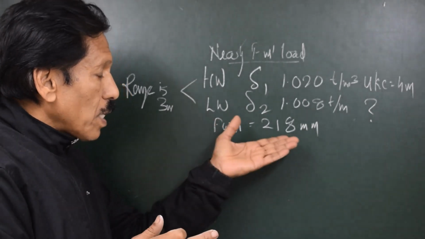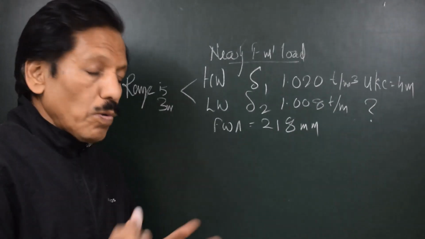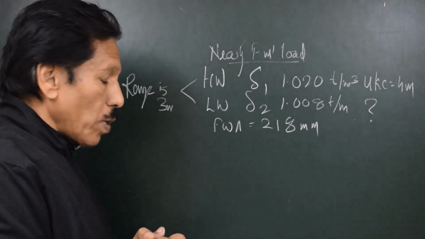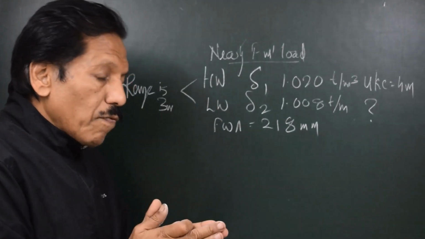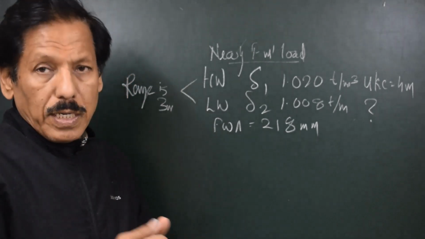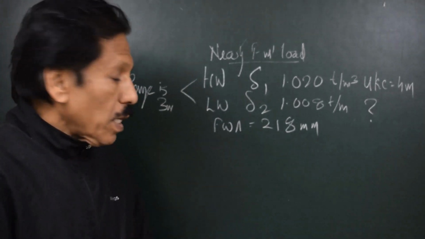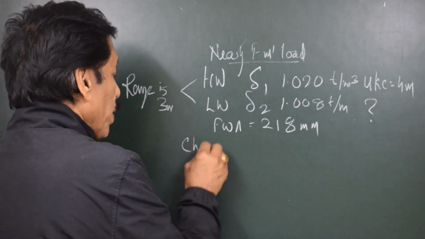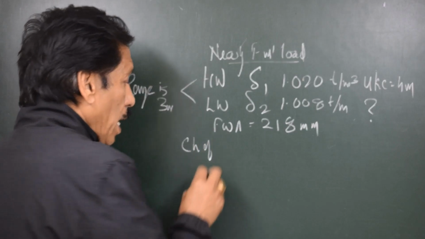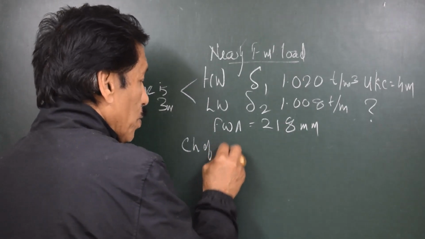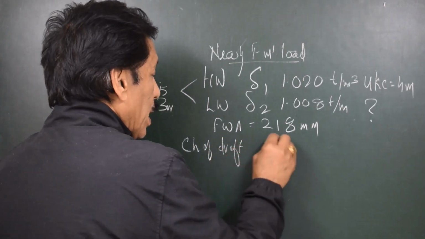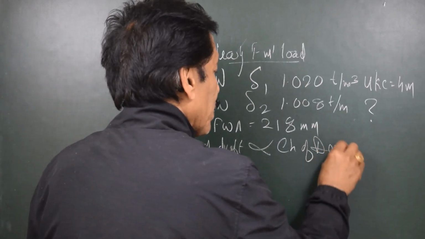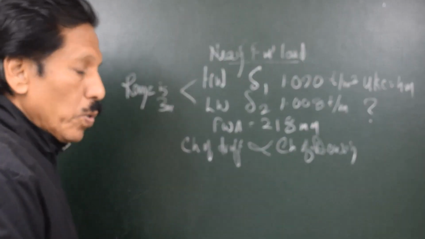Now this is not the complete change of density from salt water to freshwater, so we are not applying the freshwater allowance, and the ship is not going from dock water density to salt water density, so we are not applying dock water allowance also. What we need to find out is the change. First of all, we must understand that change of draft is proportional to change of density. This is the principle we are going to use.